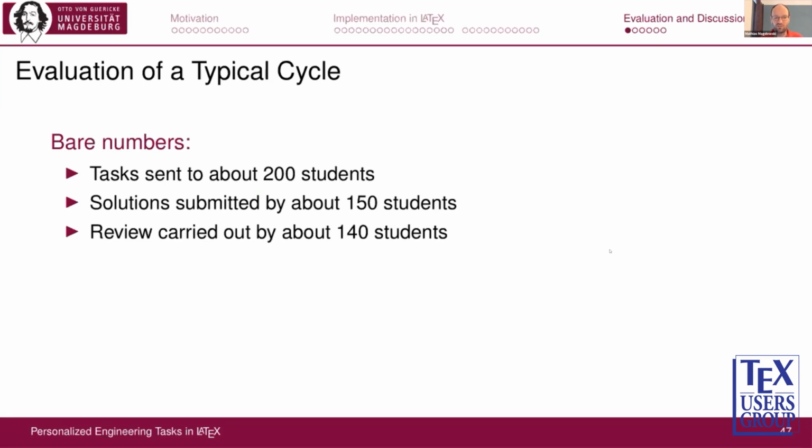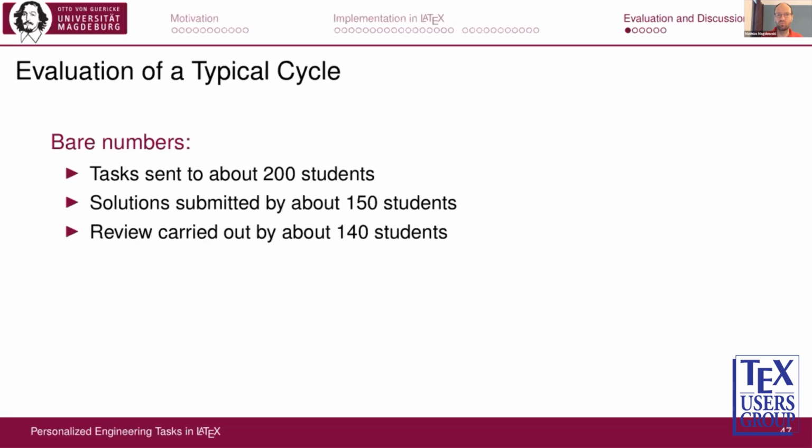And in a typical cycle, these tasks are sent to about 200 students. So this is about the number of students that we have in our lecture about fundamentals of electric engineering. And then not all, but most of the students, so let's say around 150 students, respond and submit a solution.